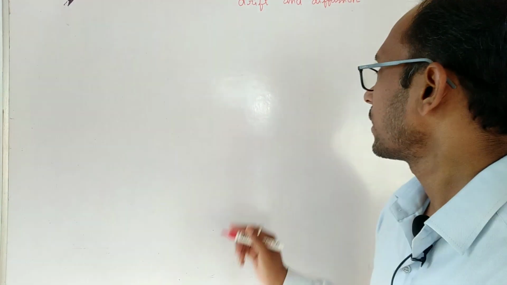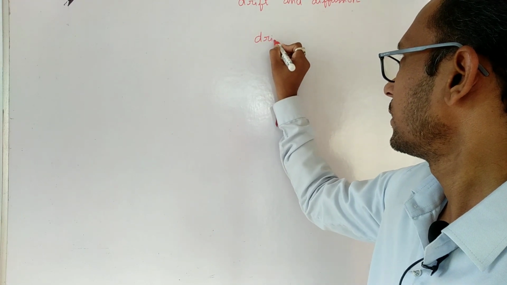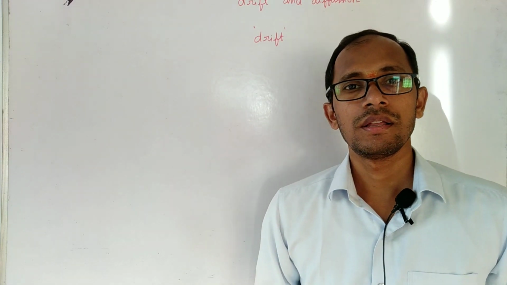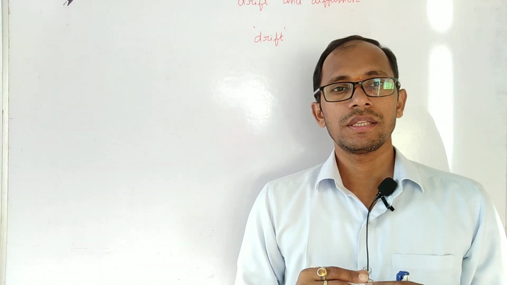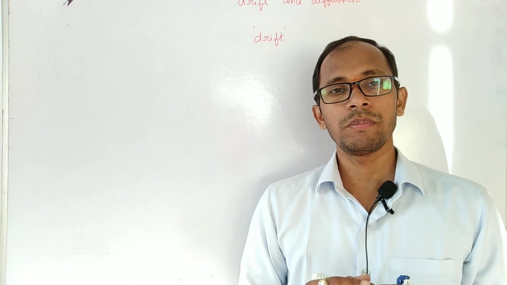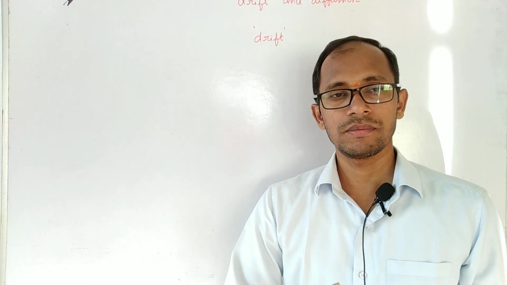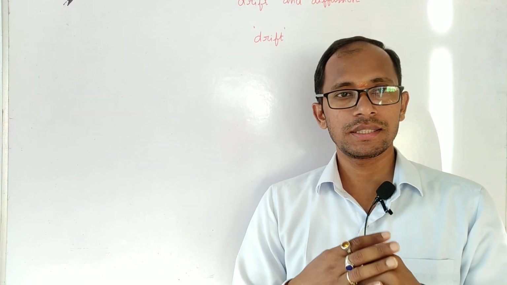So let us see what the drift current is. Drift current means the charge carriers drift due to the application of an external electric field.